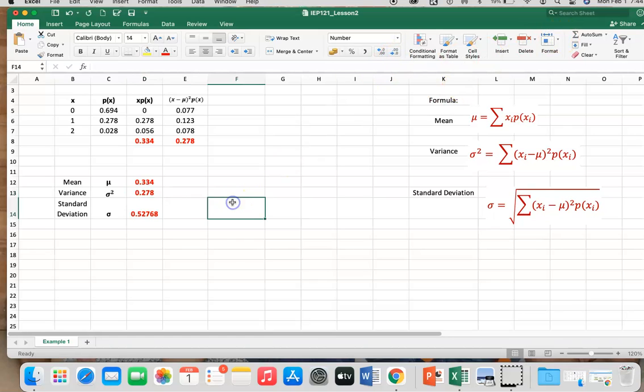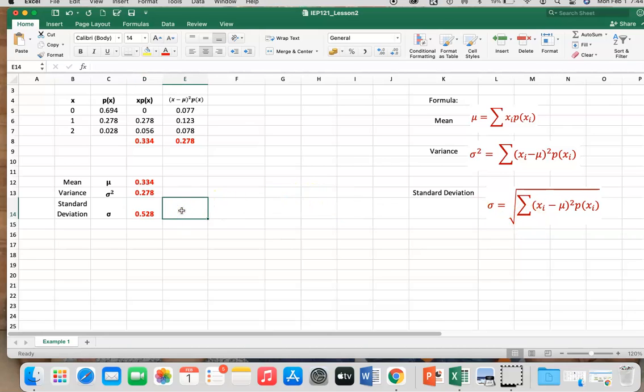So we have there, our mean is 0.334. Our variance is 0.278. And this one here is our standard deviation. It's the square root of the variance.